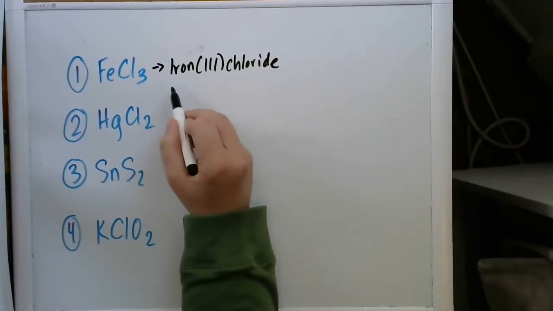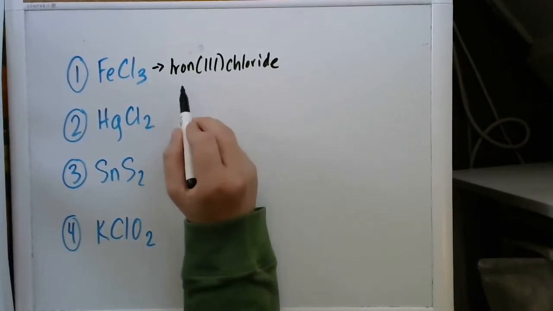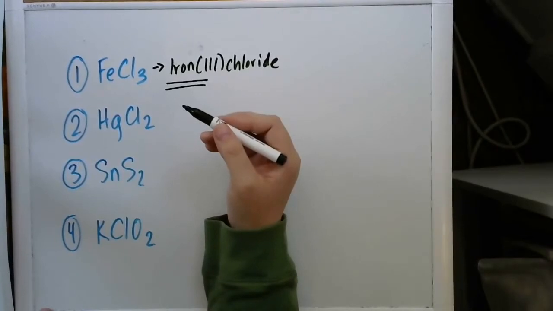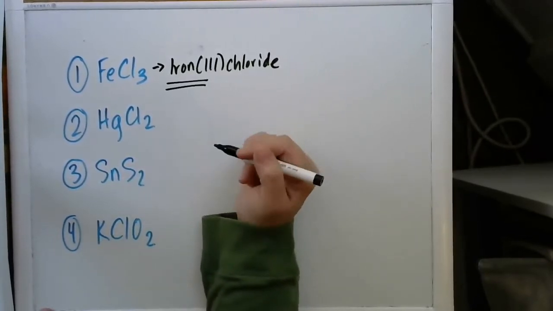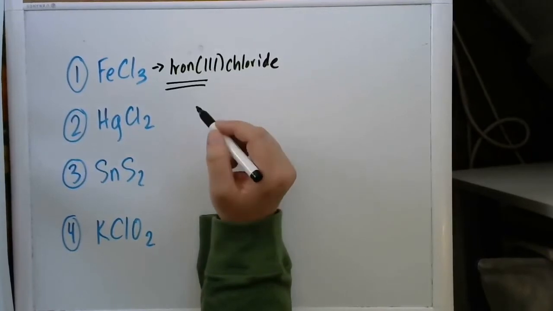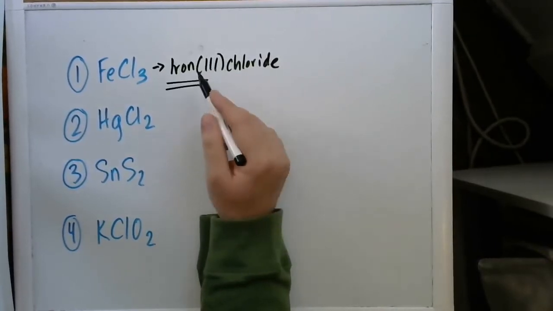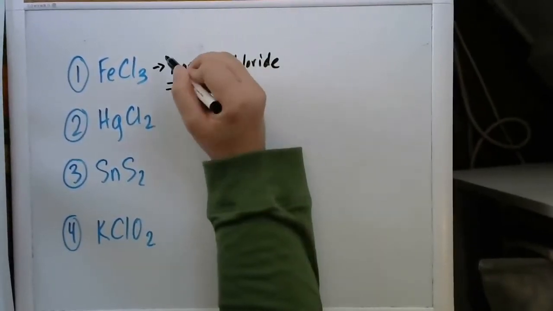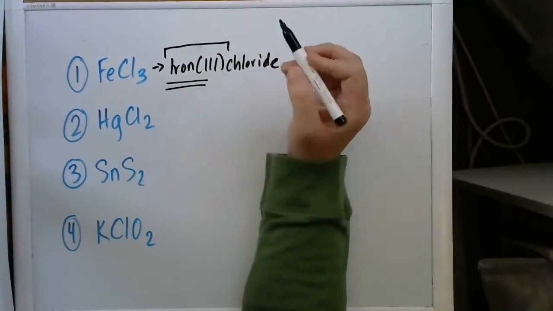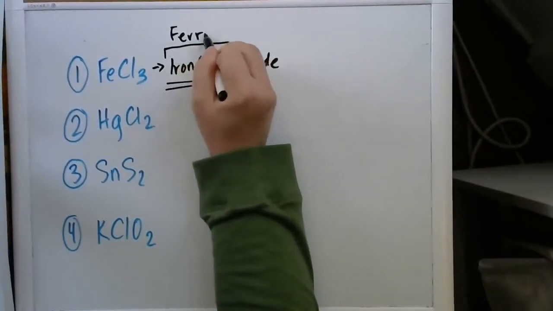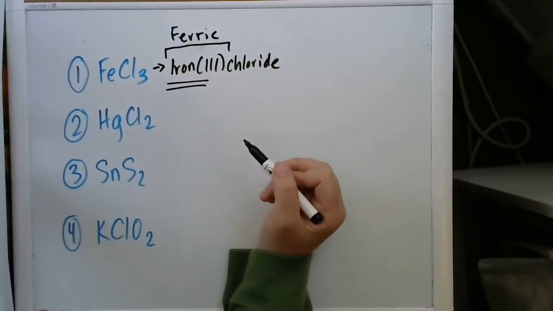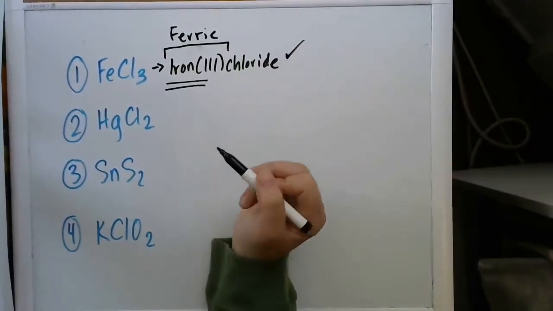If you refer back to the table of systematic versus common names that we've gone over before, you'll remember that iron(III) is the more positively charged of the 2 possible cations for iron. That means that the ending of iron would be the -ic ending. So instead of writing iron(III) chloride, we can call this ferric chloride. Okay. This matches the choice that is available, so this one's all right.